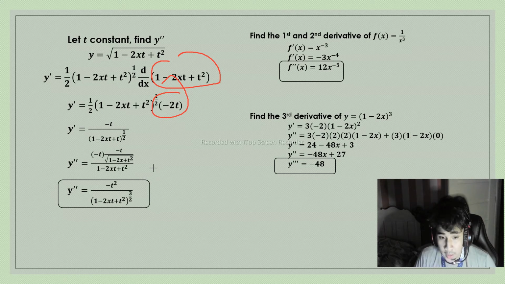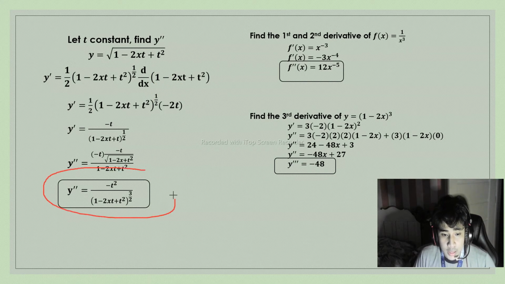So, our final answer, kaya naging 3/2 yan kasi meron pa tayong negative 1 na i-minus sa exponent. So, our answer will be y double prime is equal to t squared over quantity 1 minus 2xt plus t squared all raised to 3 over 2.